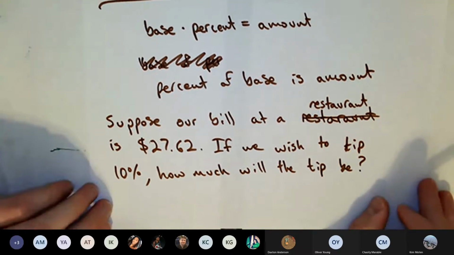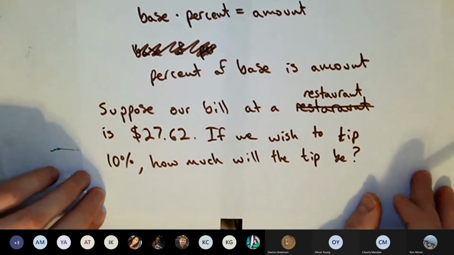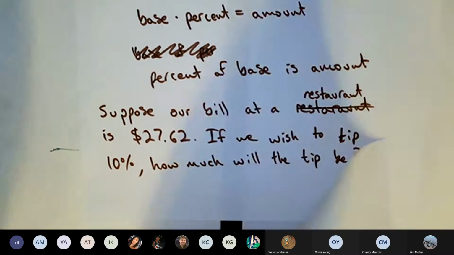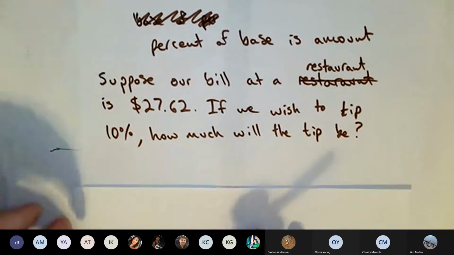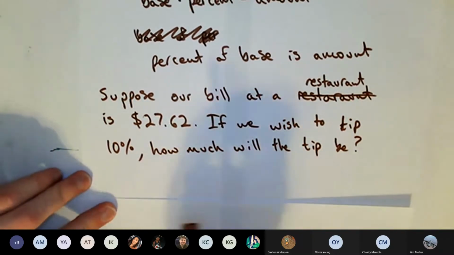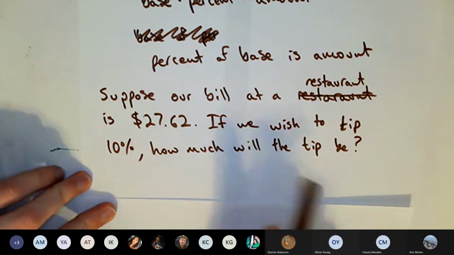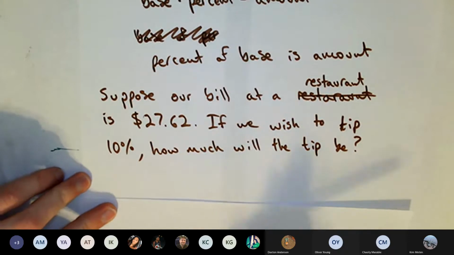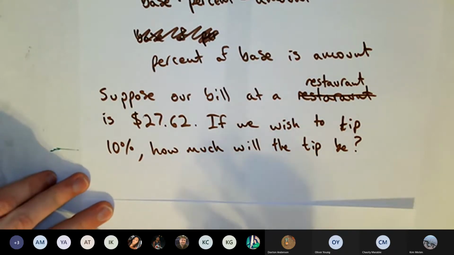If we wish to tip 10%, how much will the tip be? Well, what we want is 10% of that number, 27.62. We want 10% of that number. So we're going to multiply.